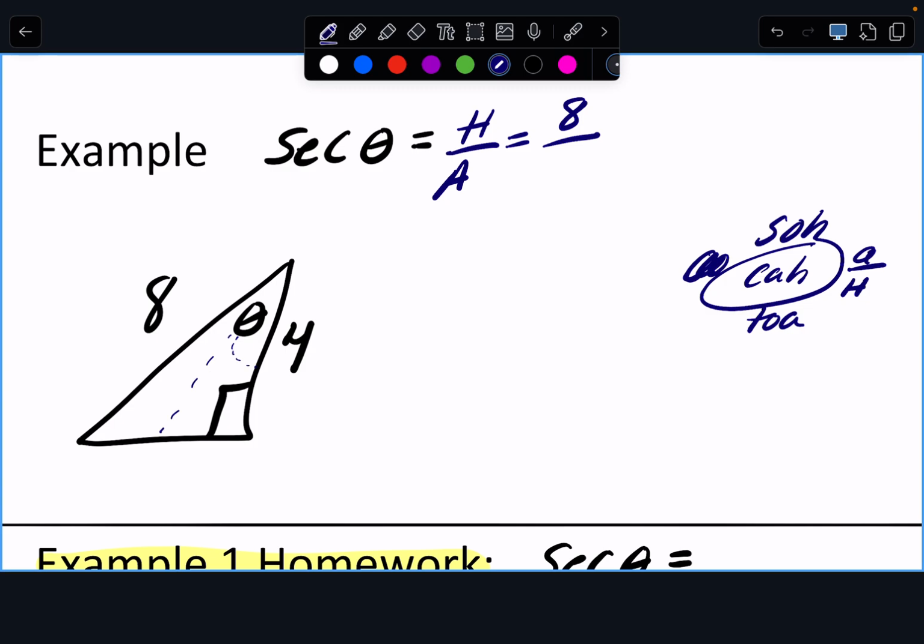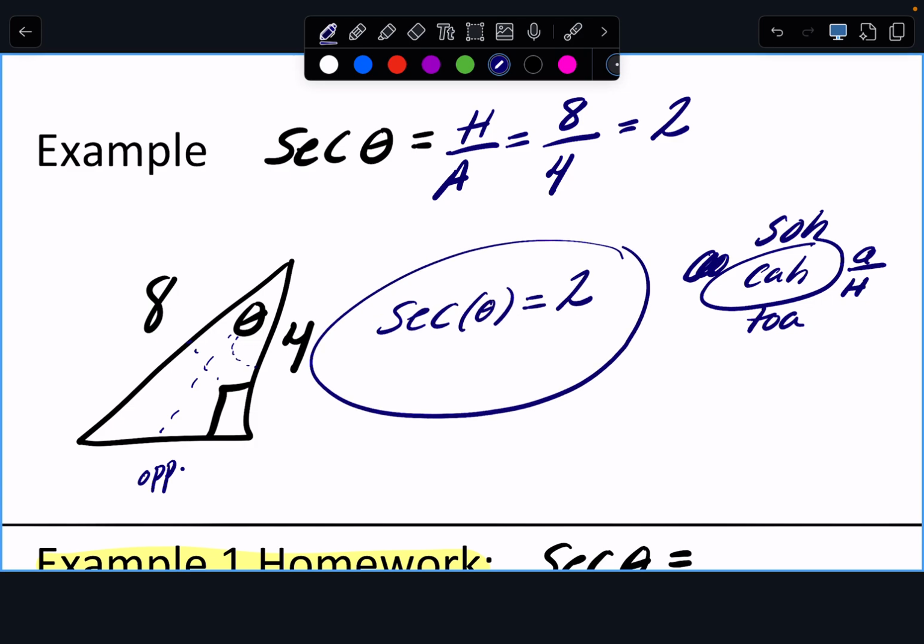Isn't this opposite? Okay, well, we didn't need opposite, and it wasn't given, so they were being really nice to us. H is 8. Adjacent is 4, so what would we get? 2. I just need to be very clear. You didn't solve anything except for a ratio. You said secant is 2. So now what if they then said, okay, so then what's the cosine? That should be easy. Take your answer and do what with it? Flip it. So what would that be? 1/2. Yeah, just pointing out.